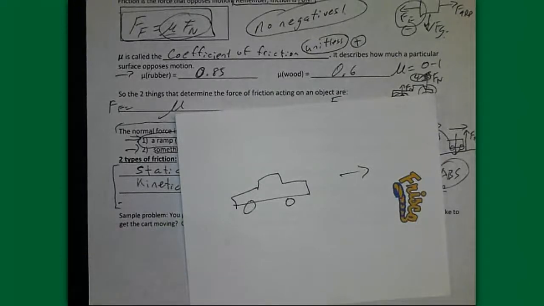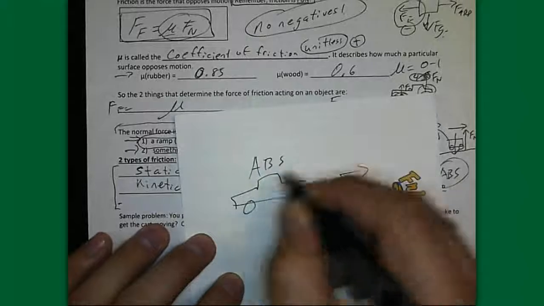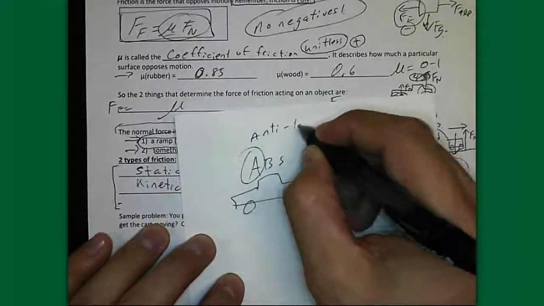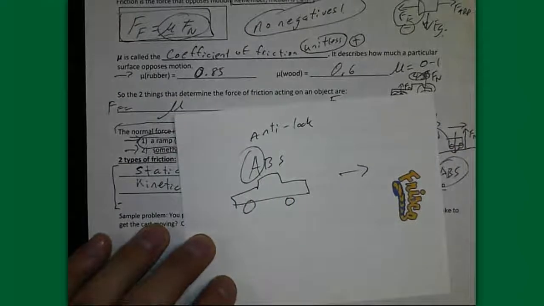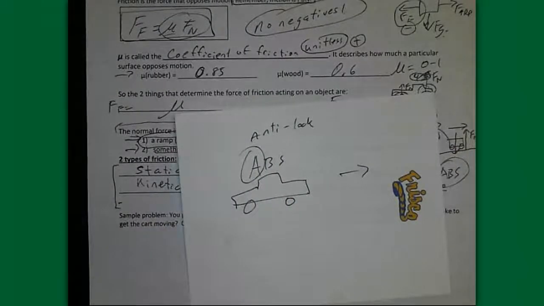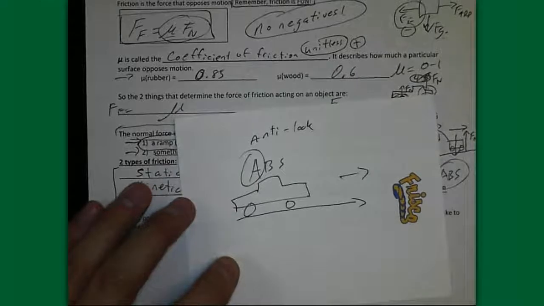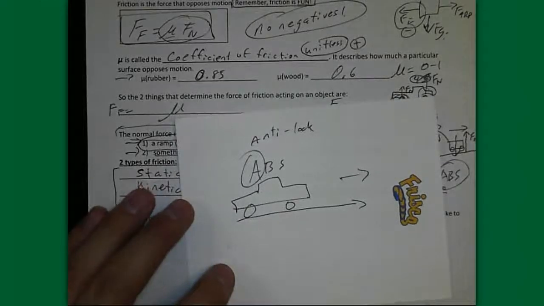The purpose of an anti-lock brake system is anti-lock, right? You do not want your wheels to lock when you are braking. And the reason why is if your wheels lock, you will begin to slide on the surface that you're on.